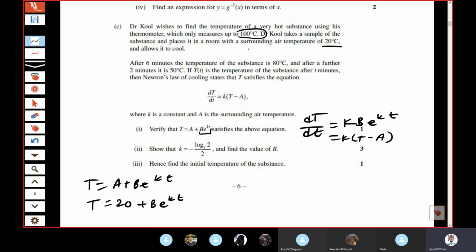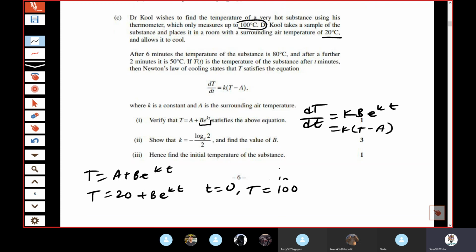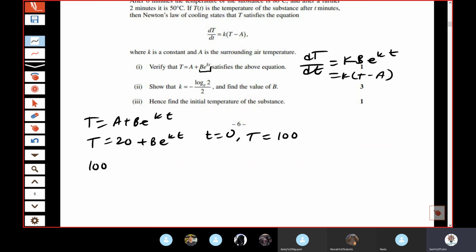I think so. What is B? The thermometer only measures up to 100 degrees. So that means when time is 0, the temperature is 100. So 100 equals 20 plus B e^0. B equals 80.